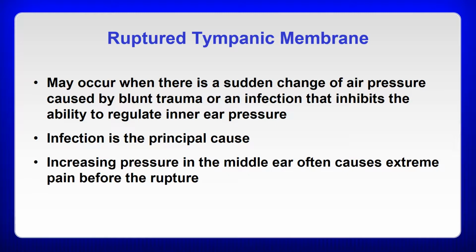So many times infections can cause this, but again, trauma can cause this as well in athletes. And you would see this with your otoscope exam. You would actually see a small hole in the tympanic membrane. Many times before the rupture occurs, the individual will note some increased pressure and pain, and then the accompanying symptoms that would go along with this.